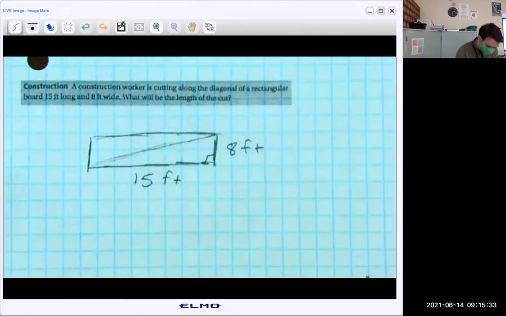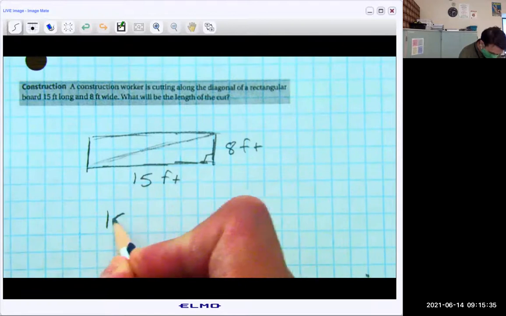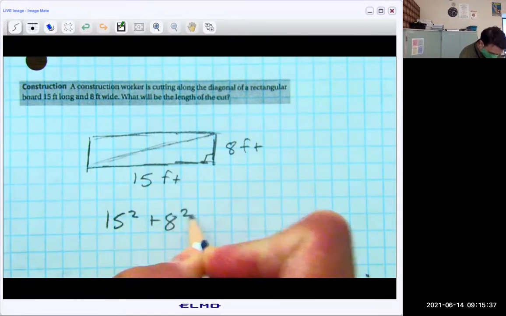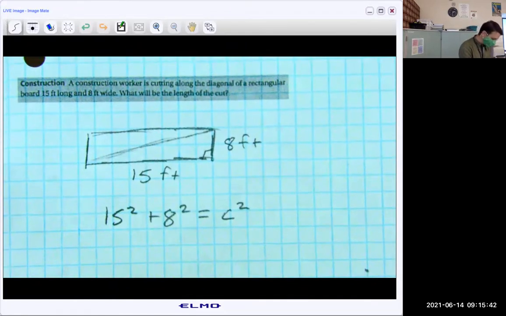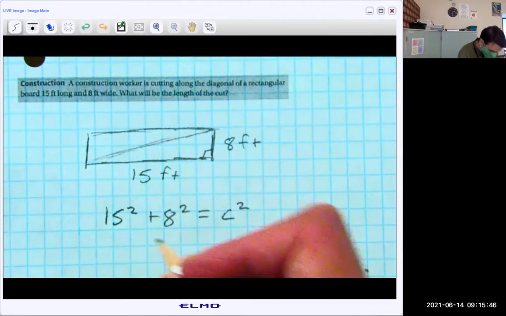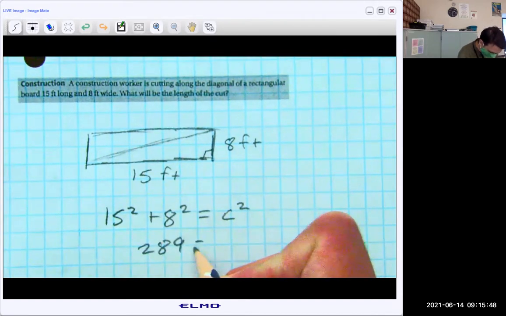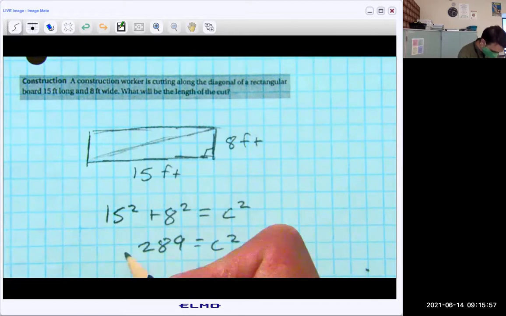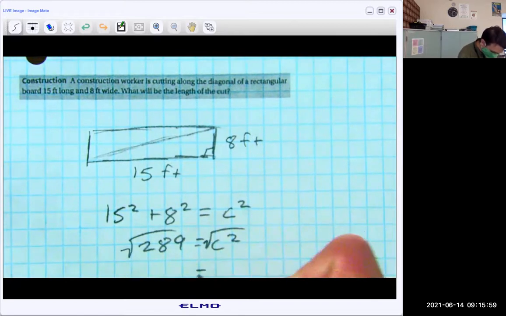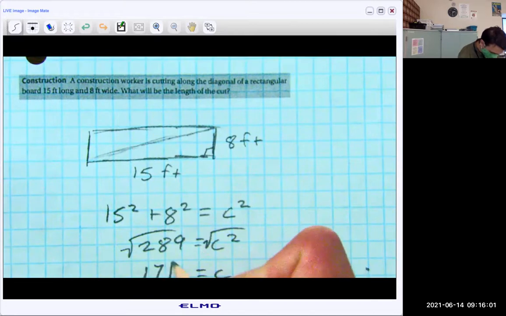That means we can use the theorem one more time. 15 squared plus 8 squared has to equal our cut squared. 15 squared plus 8 squared is 289. And when we take the square root, we find it's going to be 17 feet. There's your answer.